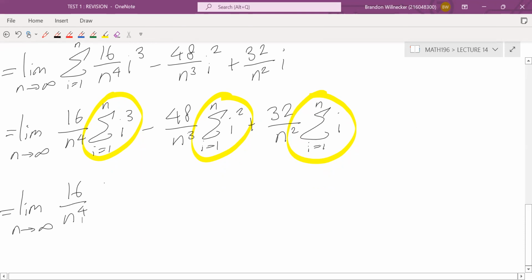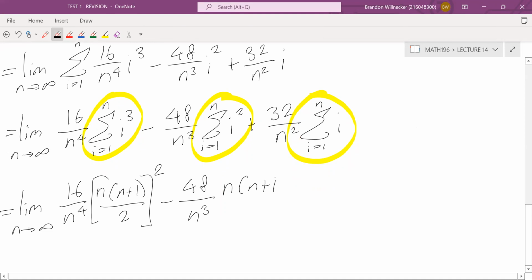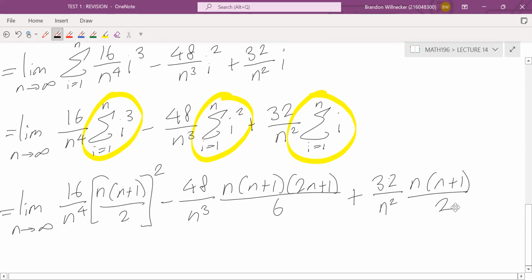The sum of r cubed, we can replace that with n plus 1 over 2, all of that squared, minus 48 over n cubed. The sum of r squared, we can replace that with n times n plus 1 times 2n plus 1, all over 6. And lastly, the sum of r, we can replace with n times n plus 1, all over 2.